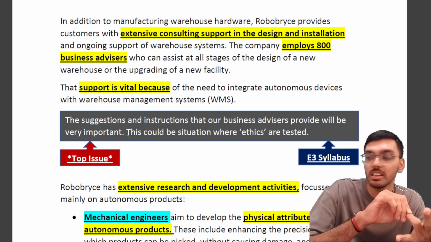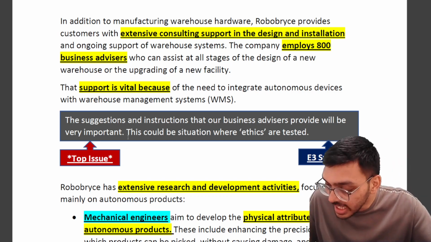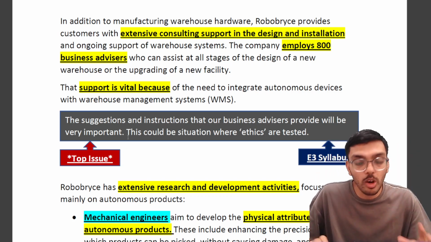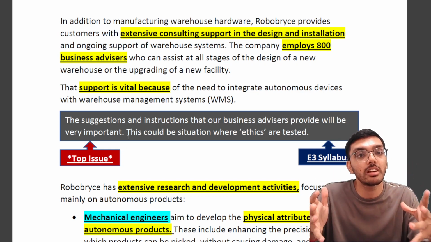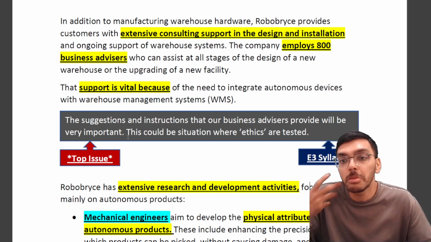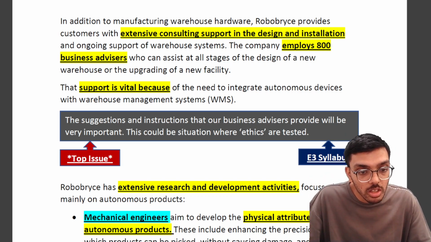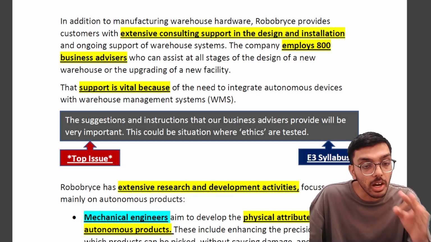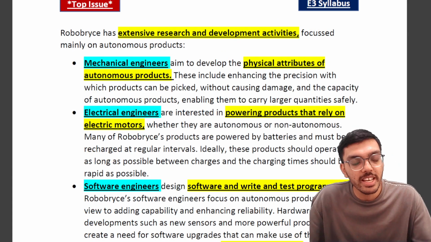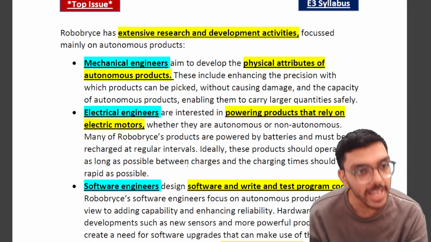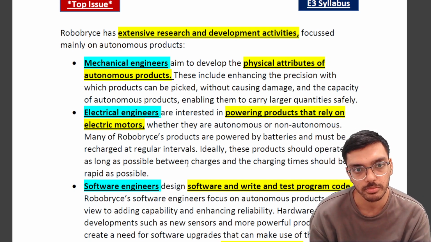If any of these are lacking in their dealing, in their relationship with the client, it will be of great significance for our company in a bad way, because ethics are now becoming more and more important. This is in your E3 syllabus, and it's a top issue which comes up in the exam again and again and again. Robobryce has extensive research and development activities focused mainly on autonomous products.